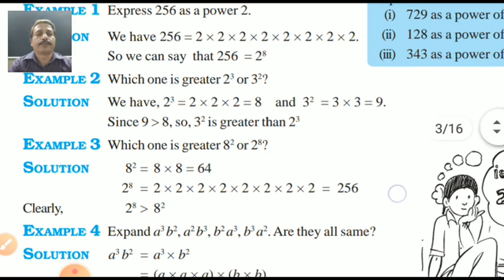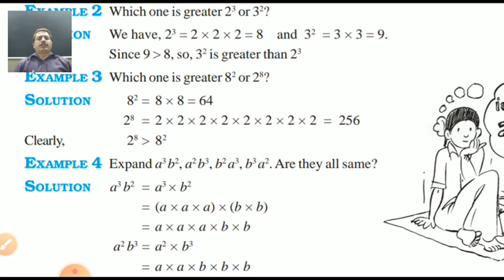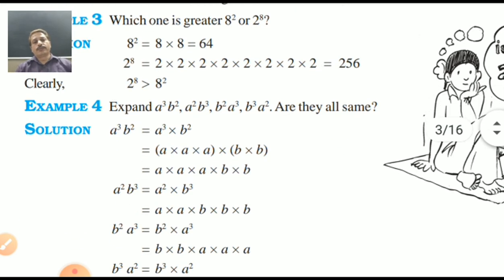Example number 4. Expand a raised to 3 b raised to 2, a raised to 2 b raised to 3, b raised to 2 a raised to 3, and b raised to 3 a raised to 3. Are they all the same? See students, here a into a into a into b into b. Same way, a raised to 2 b raised to 3 is a into a into b into b into b. Second one, b into b, a into a into a.